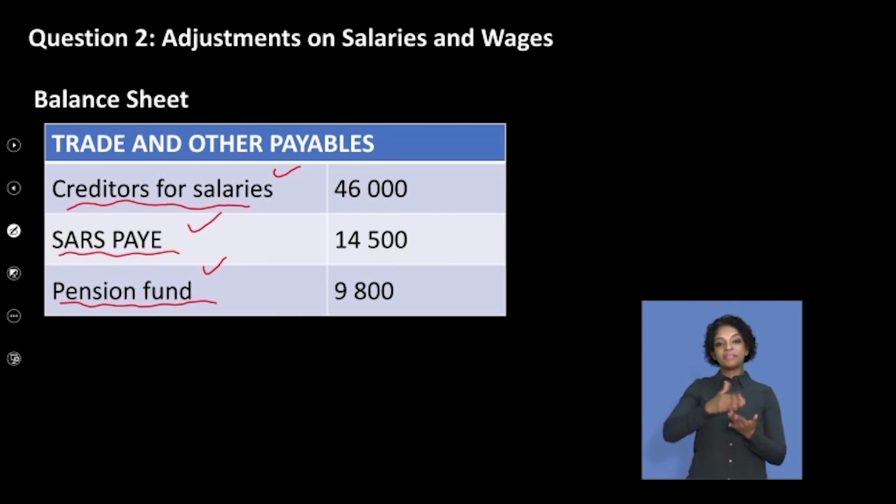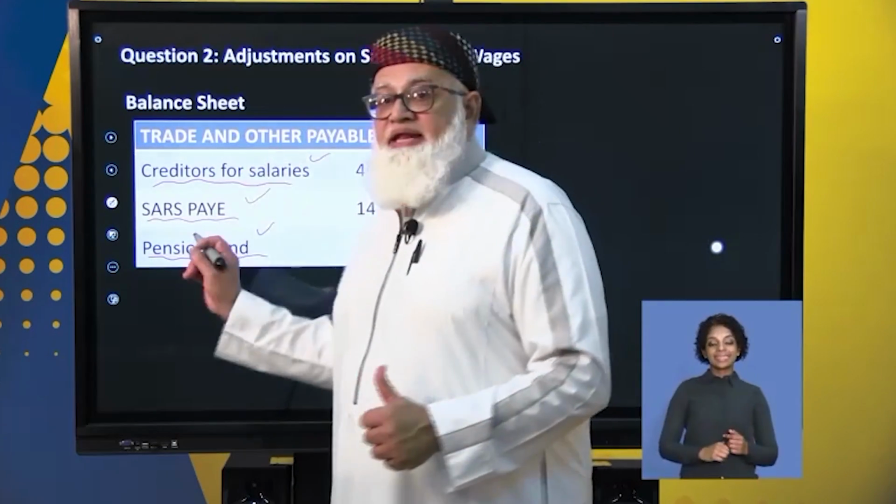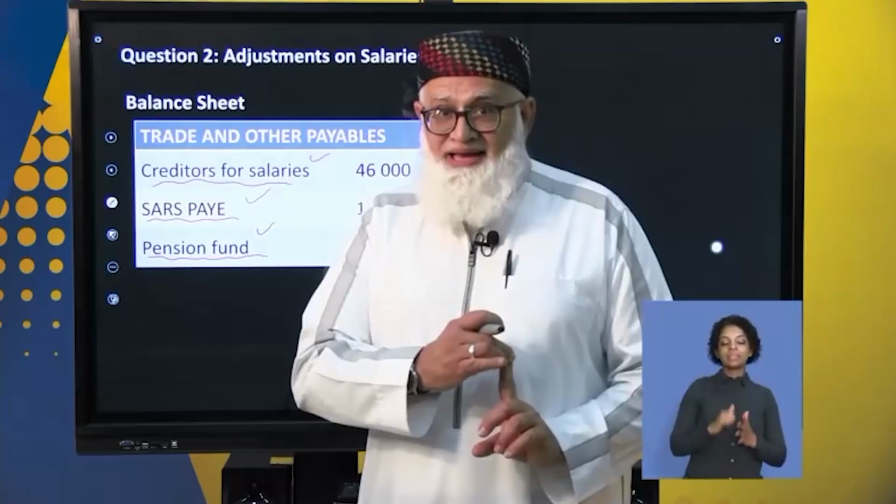Okay. Now we come to SARS. Remember, SARS income tax, if it has a credit balance, would appear under my trade and other payables. However, if my SARS income tax has a debit balance, it would appear under my trade and other receivables.